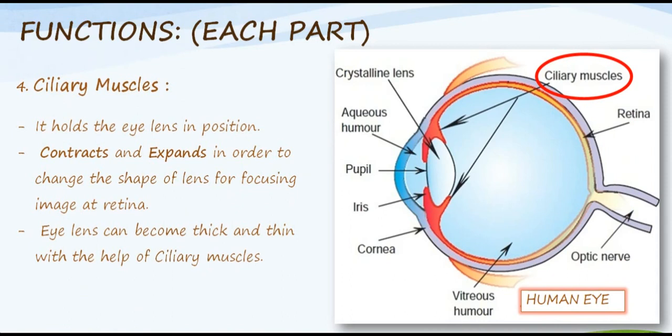Now what do ciliary muscles do? Ciliary muscles will hold the crystalline lens. Now what is eye lens? It is a crystalline structure, the center part of the eye, that helps in image formation. If you want to write anything about eye lens, what will you write? It is a transparent structure that helps to form the image.